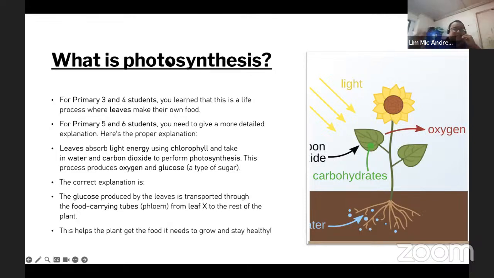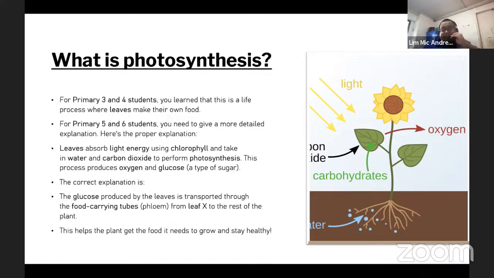All right. So how do we answer this? What is photosynthesis? For 9 years old and 10 years old students, photosynthesis is a process where the plants make food. That's it. But if you are 11, 12, 13, and beyond, I'm so sorry, you are matured. So you have to write more details like this.